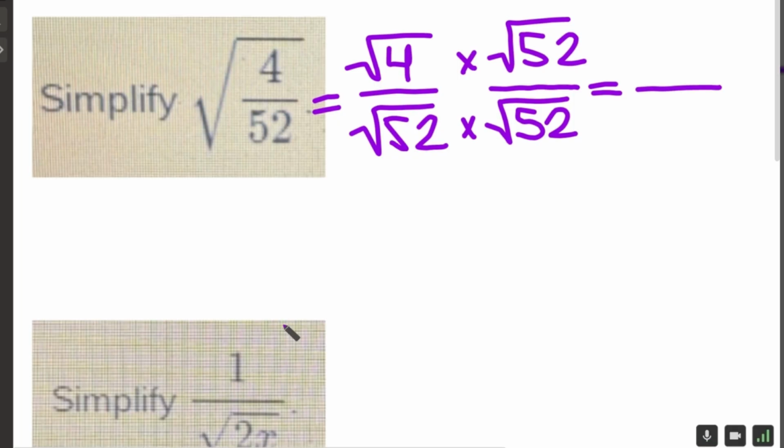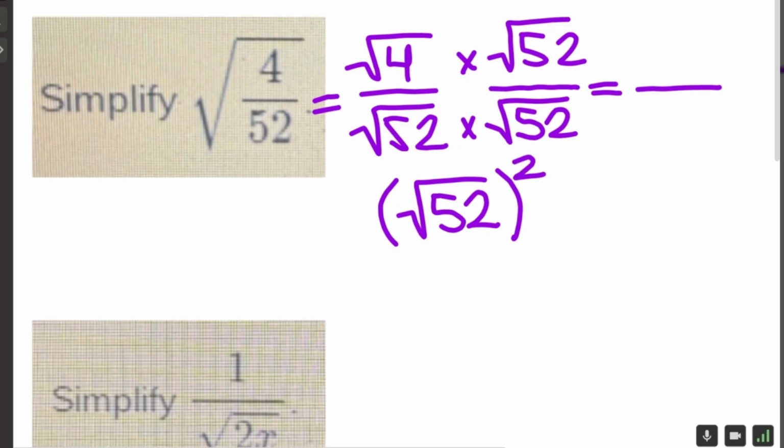Well, think about this. What is the square root of 52 squared? It's just going to be whatever is under the radical, in this case, 52.